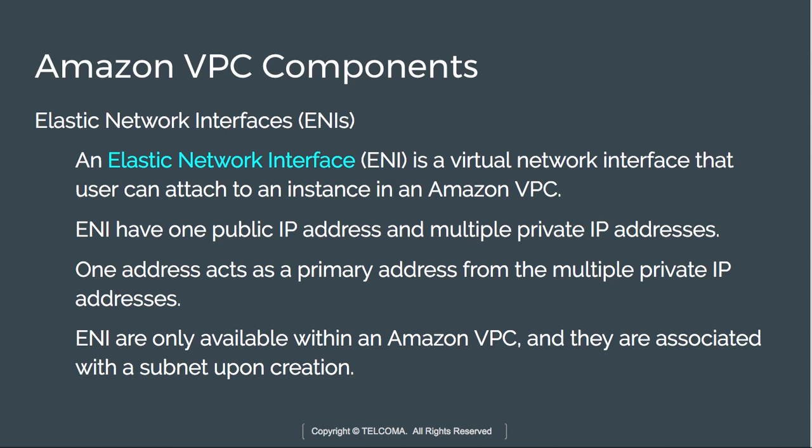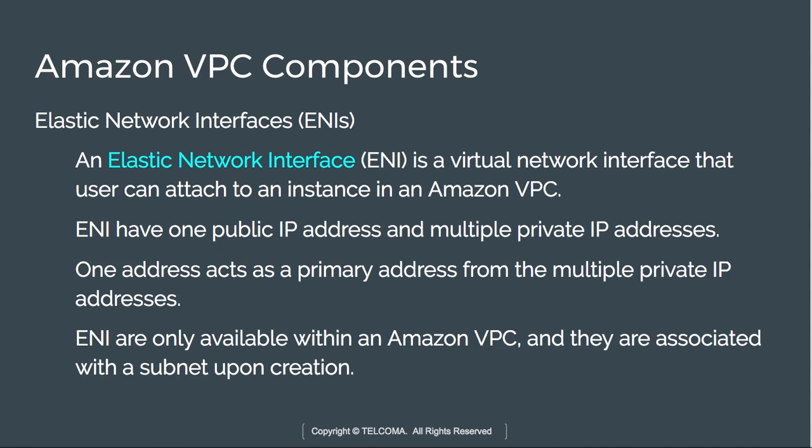Next component we have is elastic network interfaces. An ENI is a virtual network interface that a user can attach to an instance. It has one public IP address and multiple private IP addresses.